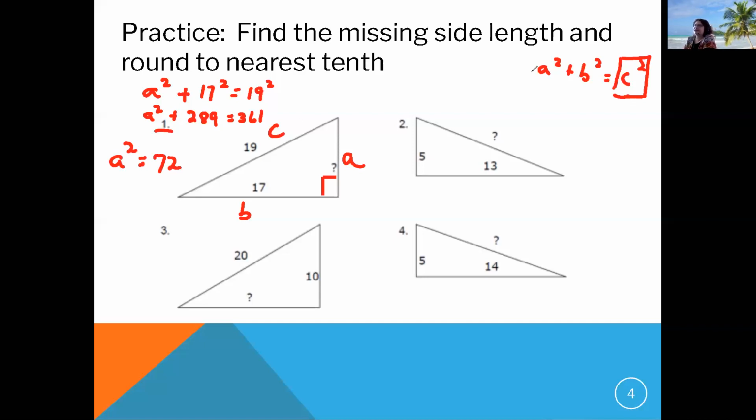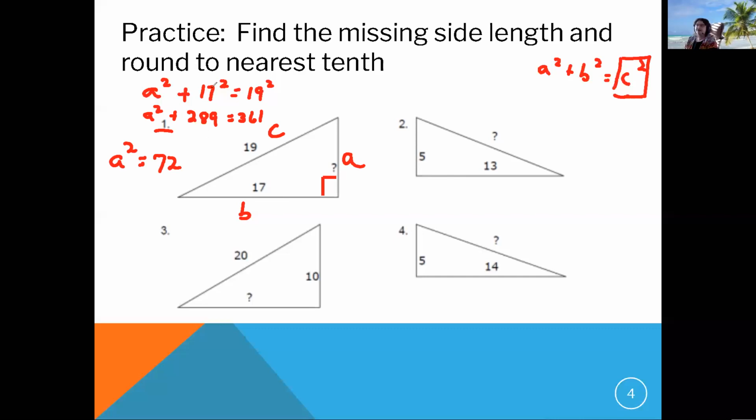Okay, so a squared plus b squared equals c squared. That's the Pythagorean theorem. You can use that for all right triangles. A and B are the legs. They create the corner. C is the longest side. That's called the hypotenuse. Always label your C first.